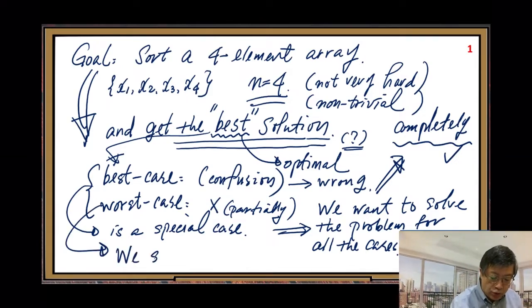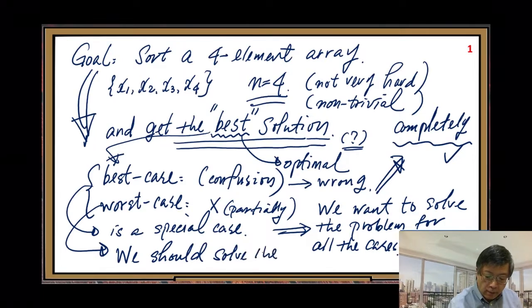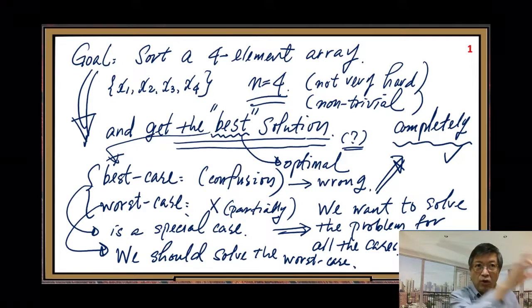That means we should solve the worst case. Because it is the worst, if you can solve the problem for the worst case, then you can solve the problem with better efficiency for all the cases.